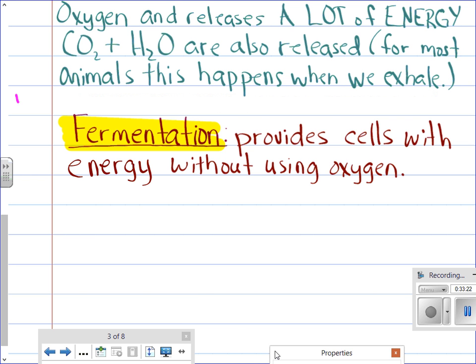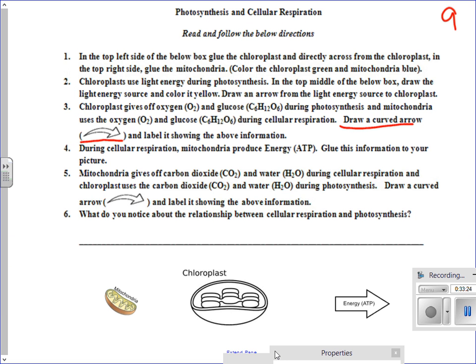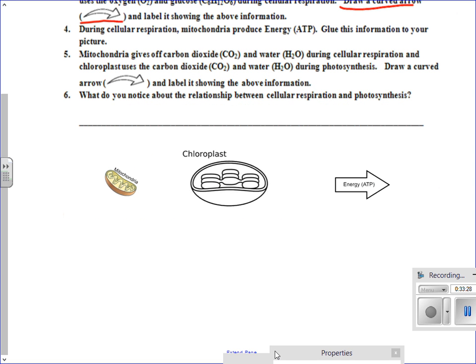When you're drawing a curved arrow and labeling it, just like I've done here, you can label it here.